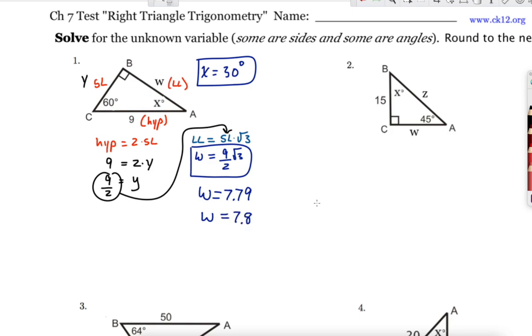Some of you may have also used our SOHCAHTOA functions, in which case W is opposite and 9 is the hypotenuse. You could have also used sine of 60 equals opposite W over 9, and then you multiply 9 to both sides.